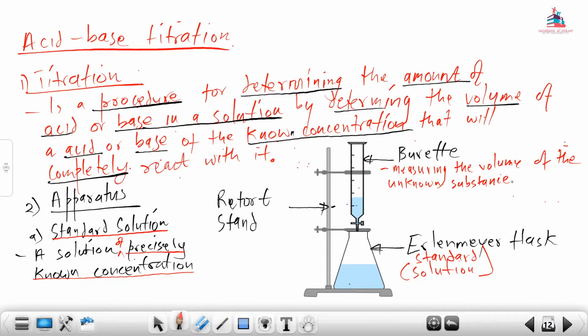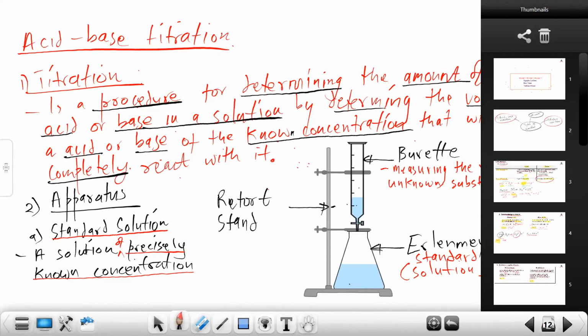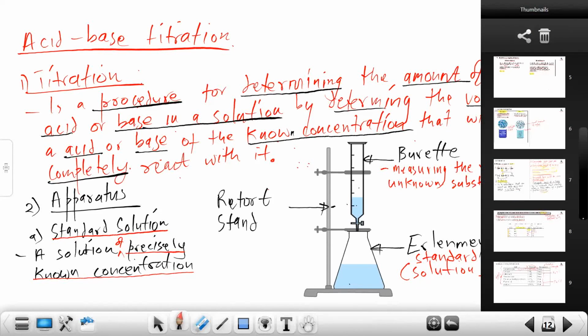But if I don't have anything here, let me duplicate this so that we create more space.